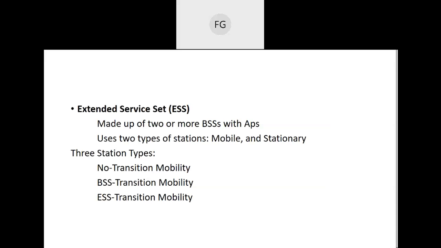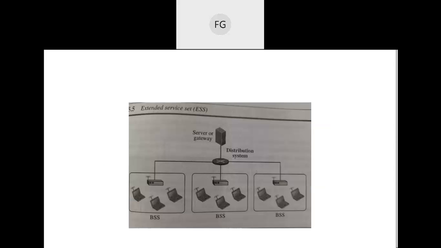Coming to the next type, that is the extended service set. This is an example of an extended service set. This kind of architecture is made of two or more BSS.